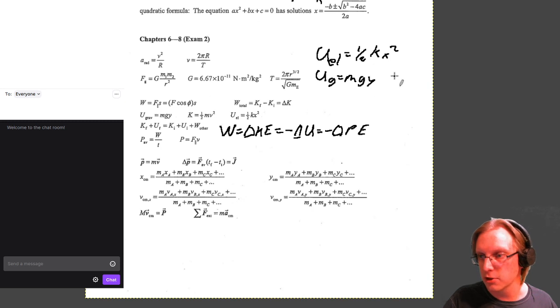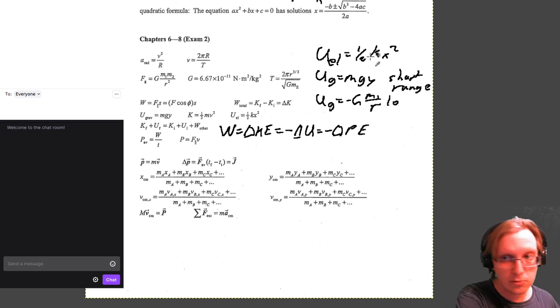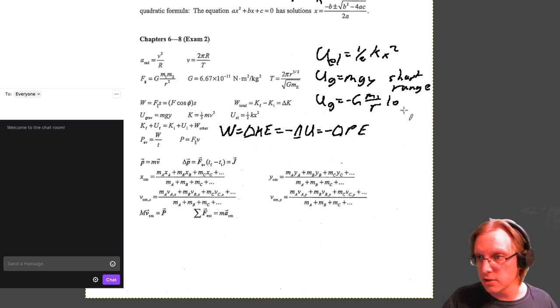This is for short range, like dropping it over a meter or over the distance of your house. There is one for long range, which is not part of this class as far as I remember. You could also come across this version as well. This is long range, and not part of this exam.